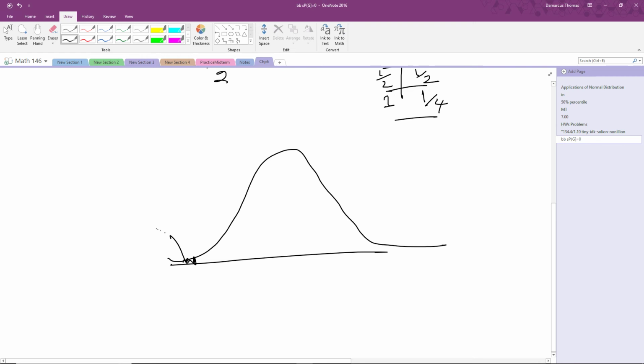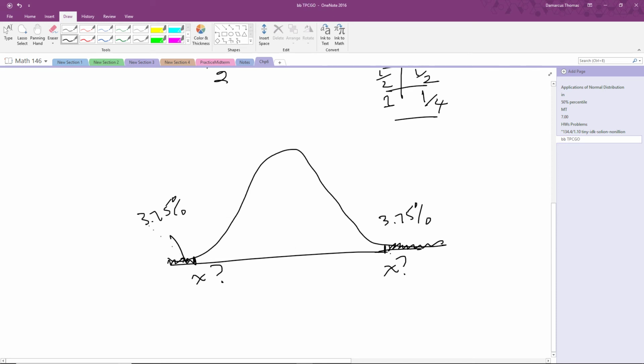This is the bottom 3.75%, and then this would be the top 3.75%. I need to find x here and here. We need to know what this is.